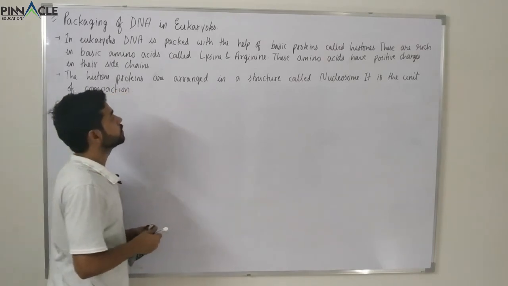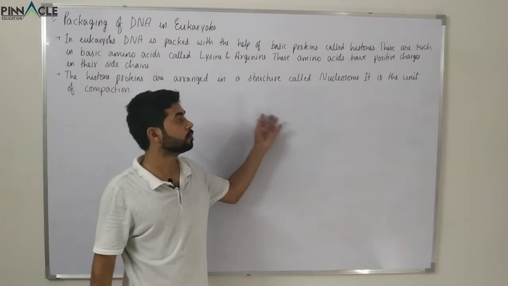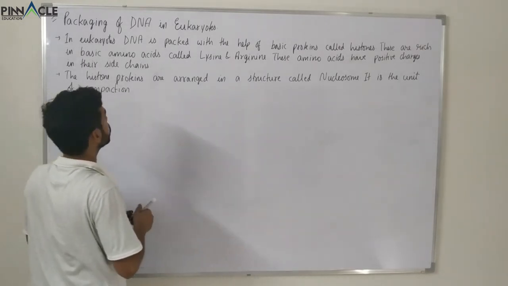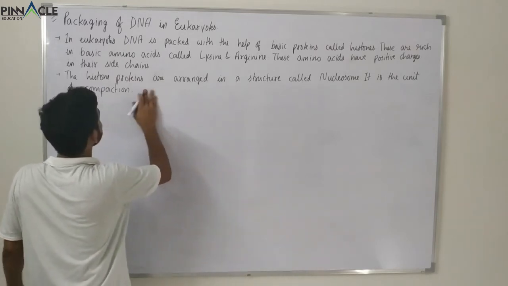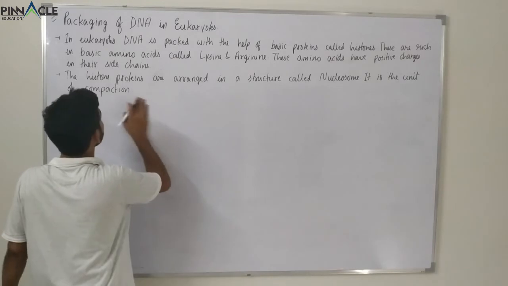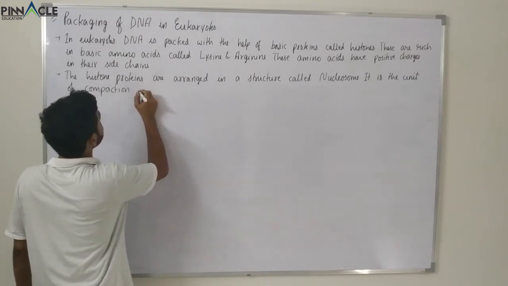So these nucleosomes are formed by histone octamers. We have to study what these histone octamers are. This nucleosome contains 5 types of histone proteins.